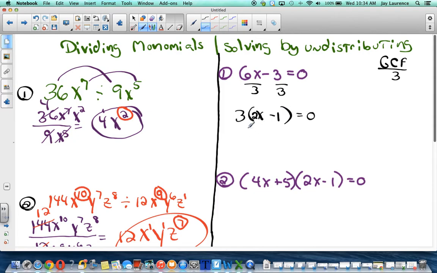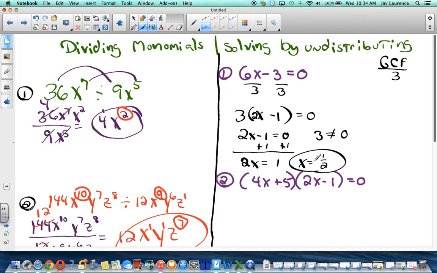Now I take all the quantities and set them equal to 0. So I'm going to take 2x minus 1 and set it equal to 0. There's no variable in the 3, so it can never turn to 0, so I can just ignore it. I can just write 3 does not equal 0. So this problem is only going to have one solution. I'm going to add 1 to both sides. I'll get 2x equals 1. Dividing by 2 will get me x equals 1/2.